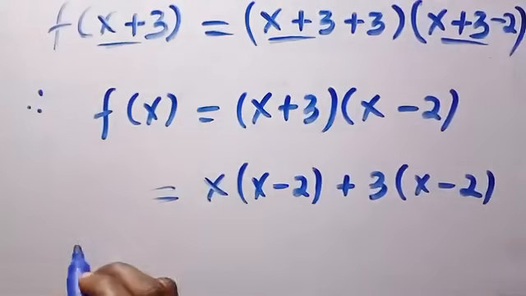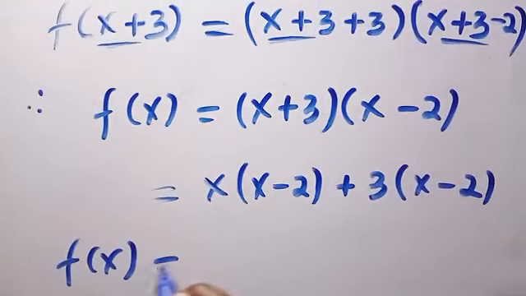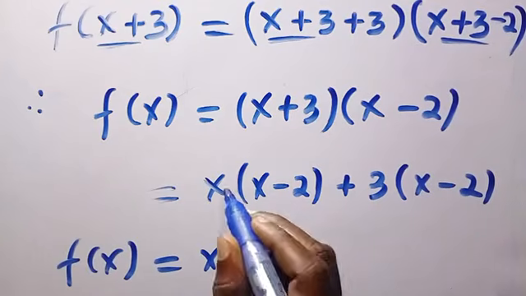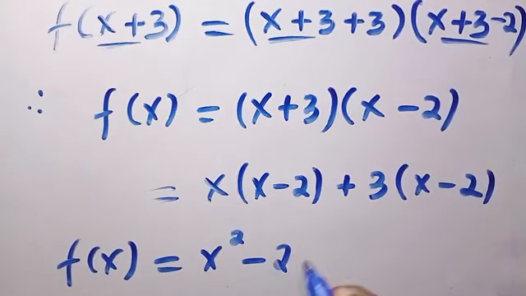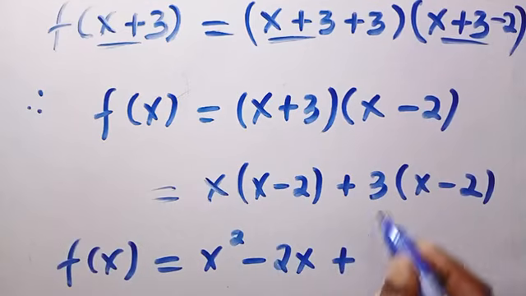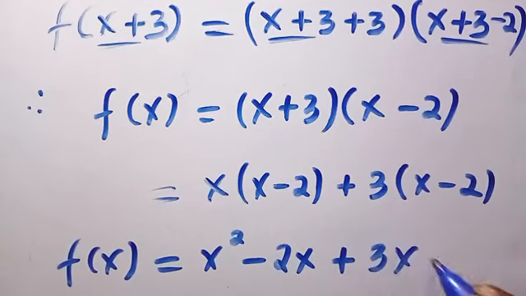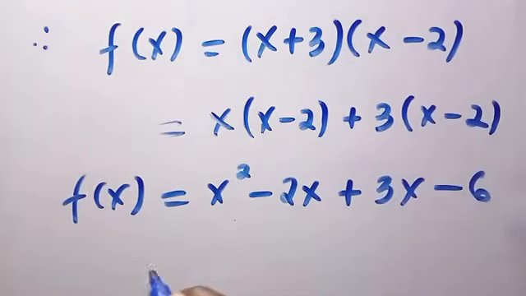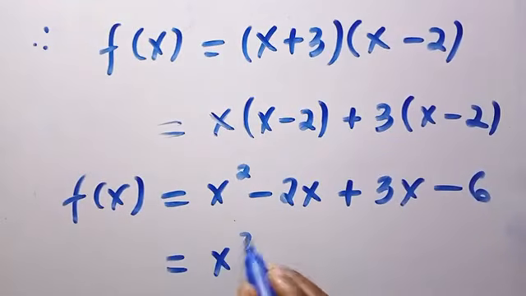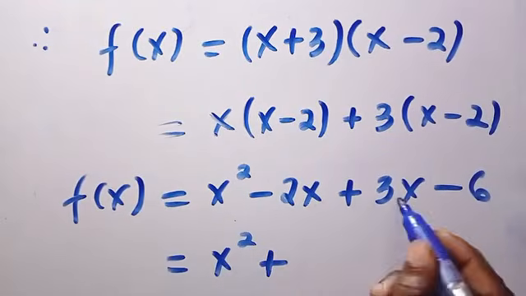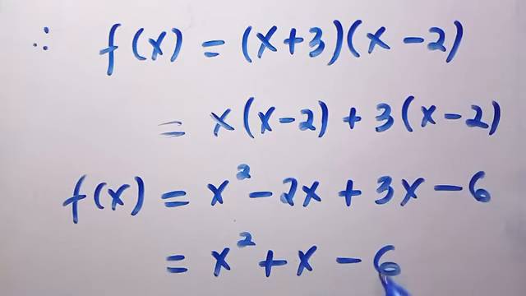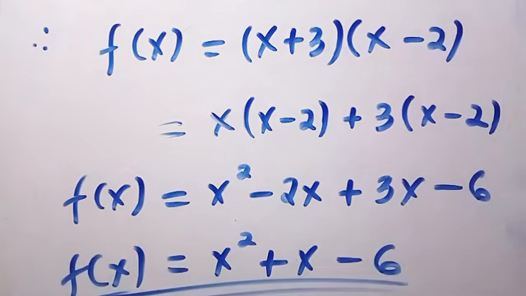Upon getting this, we have f of x equals x times x, that is x squared, minus x times 2, that is 2x. Then plus 3 times x, that is 3x, minus 3 times 2, that is 6. So we have x squared plus minus 2x plus 3x, that is x, then minus 6. So this is for f of x.